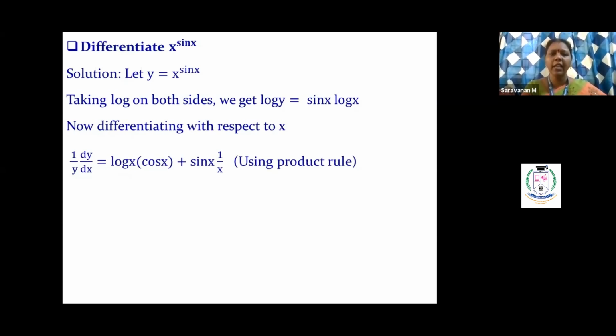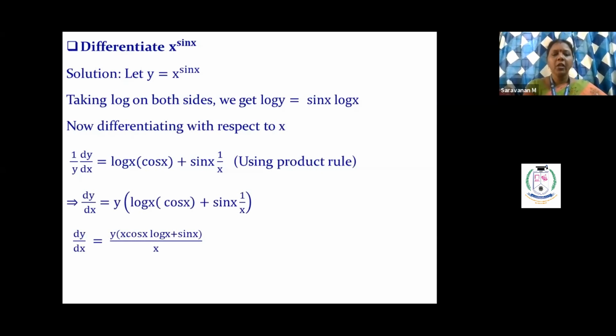Now we need only dy by dx, the derivative. So what we have to do? We must bring that y to the right hand side. So dy by dx is equal to y into log x into cos x plus sin x into 1 by x. Taking LCM here, dy by dx becomes y into x cos x log x plus sin x divided by x.